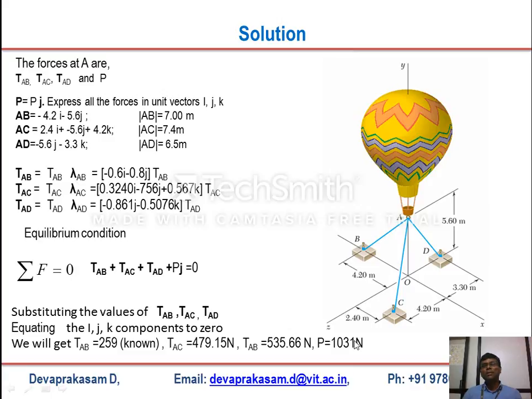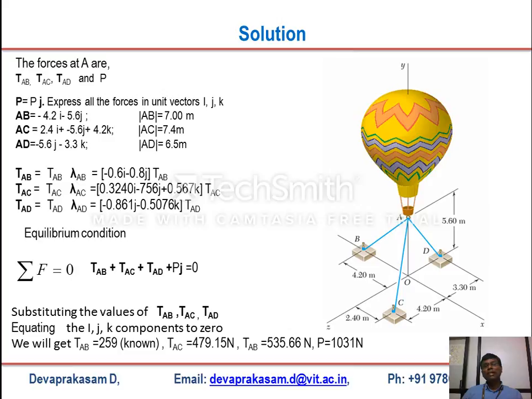Just remember that finding the unit vector and projecting that unit vector along the force, with the magnitude of the force, will give you the force vectors. Finally you have to add all these force vectors and make the sum 0, because it is in static equilibrium, it is tied. So the sum of the forces is equal to 0.